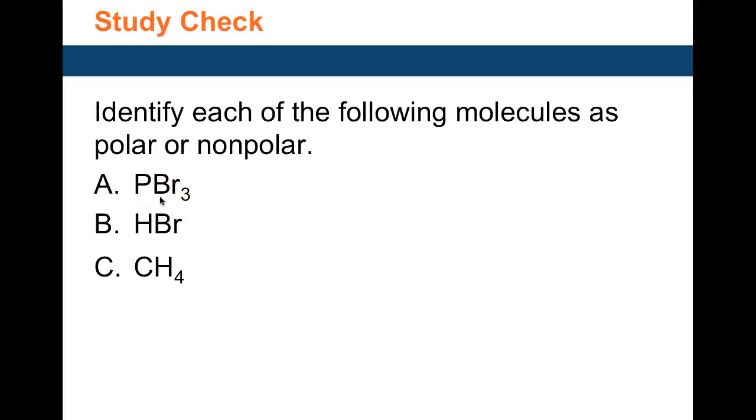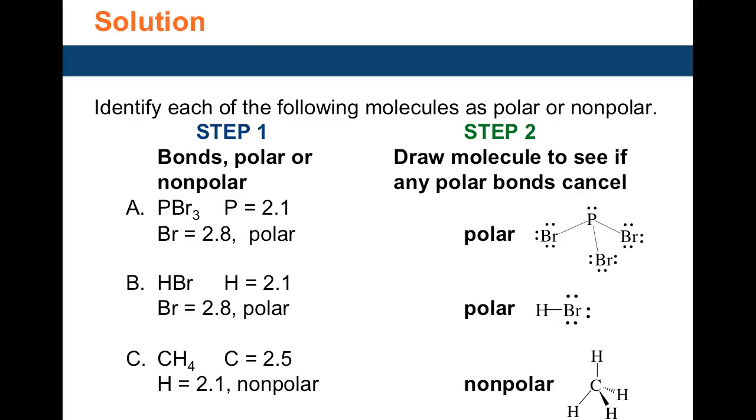PBr3, there is an electronegativity difference between the phosphorus and bromine. It's very slight though. It's 0.7, and again, those dipoles will be directed towards bromine.